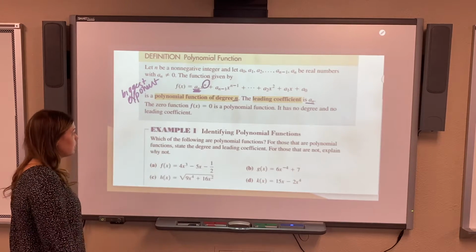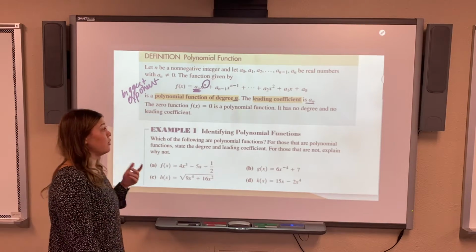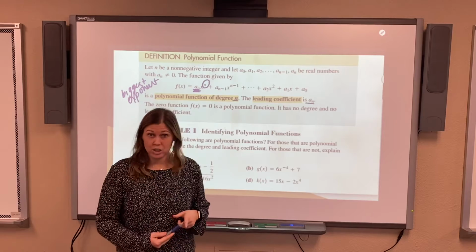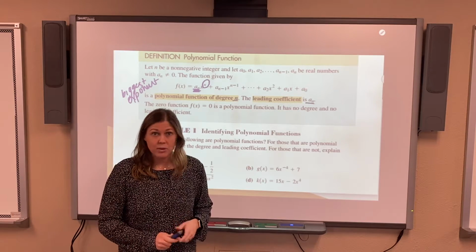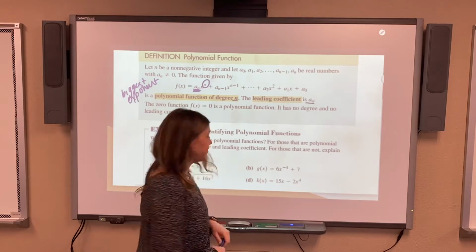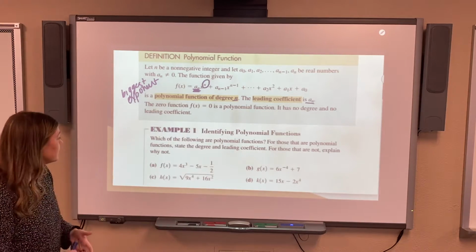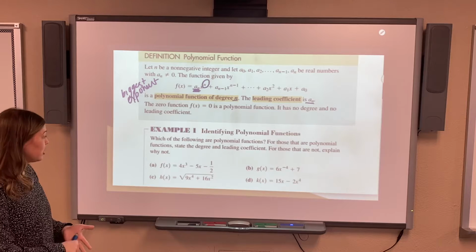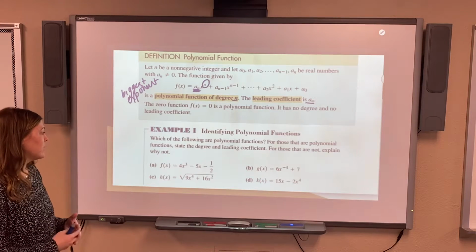So what we're going to do is identify whether something is a polynomial function or not. If it's not, we're going to say why. If it is, we're going to list the degree and leading coefficient. First, we have f of x equals 4x cubed minus 5x minus 1/2.